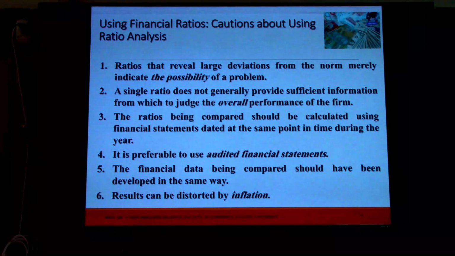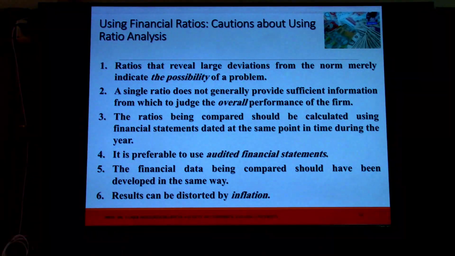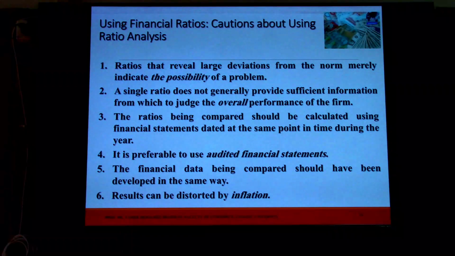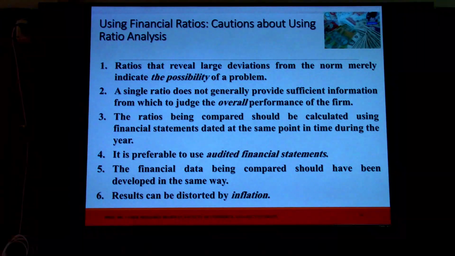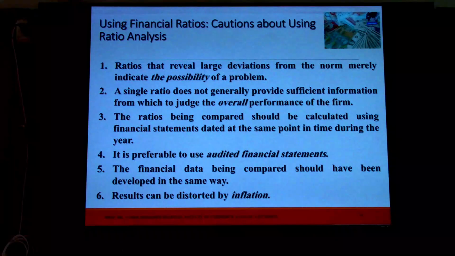If this is the balance sheet of X in 2012, this must be the balance sheet of Y in 2012. It's not logical to compare, for example, financial ratios based on the income statement in 2012 of a specific firm with the financial ratios based on the financial statement in 2013. This is not logical, and it will make a lot of confusion regarding the performance of each one of them.